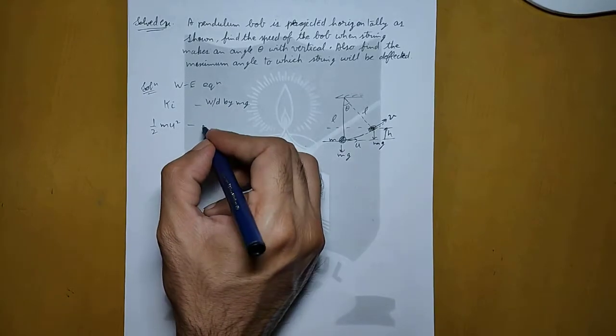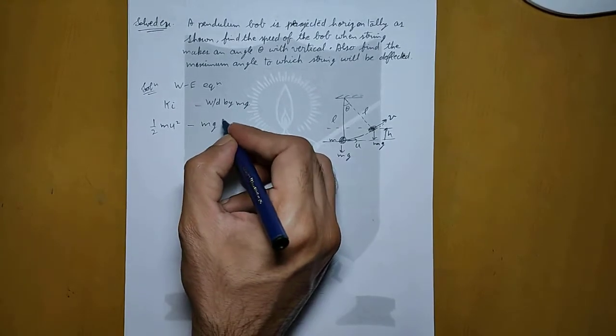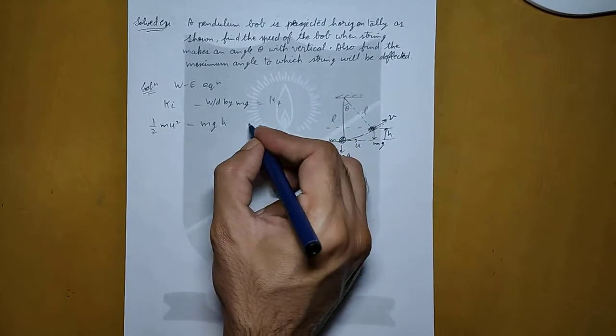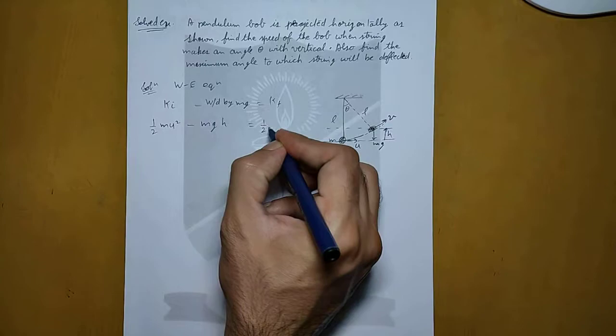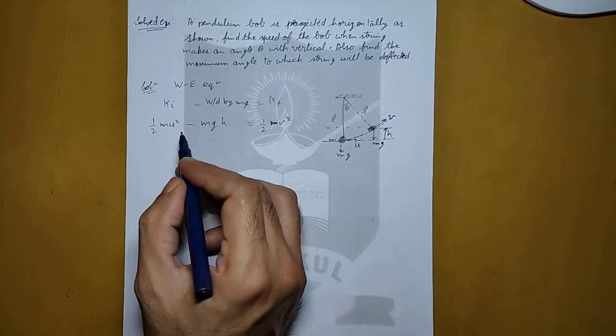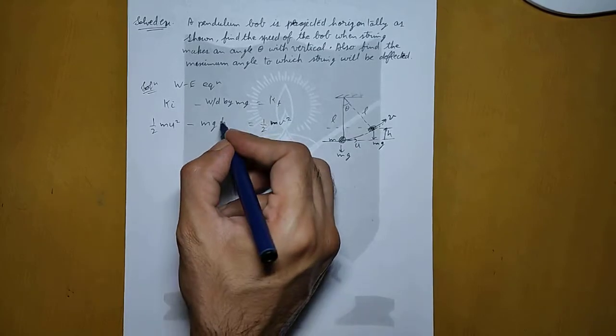This will be equal to force into displacement, and this will be equal to the final kinetic energy, which at this point is half m v square. So this is our equation.